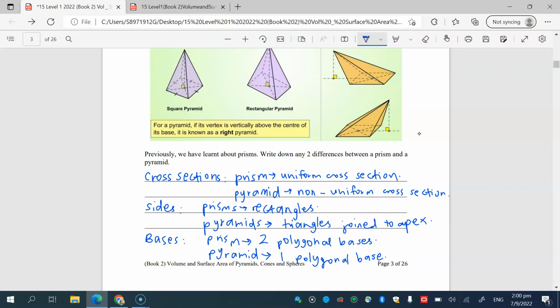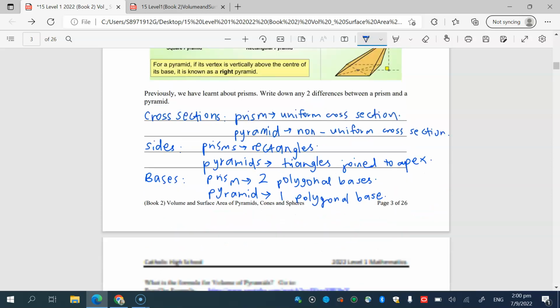All right. So these are the three differences between a prism and a pyramid. The main thing is the cross section. For prism, there will be uniform cross section, but for a pyramid, it's a non-uniform cross section.